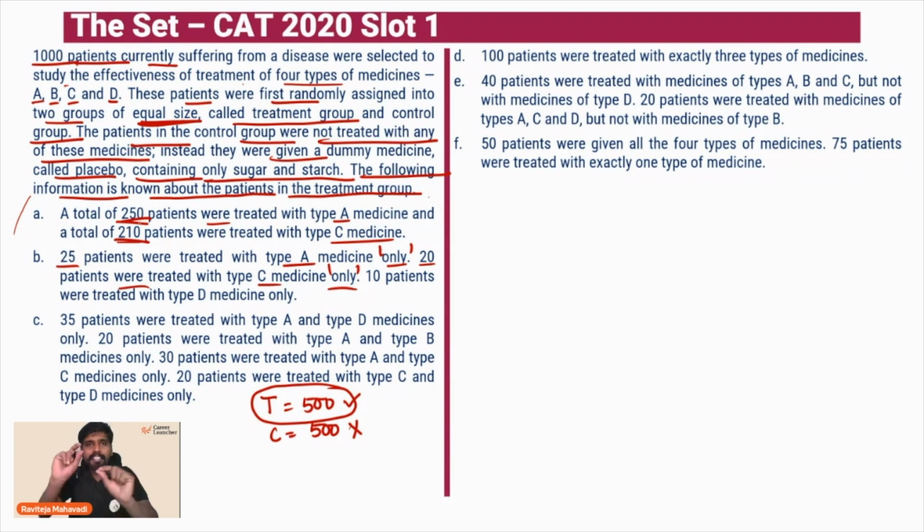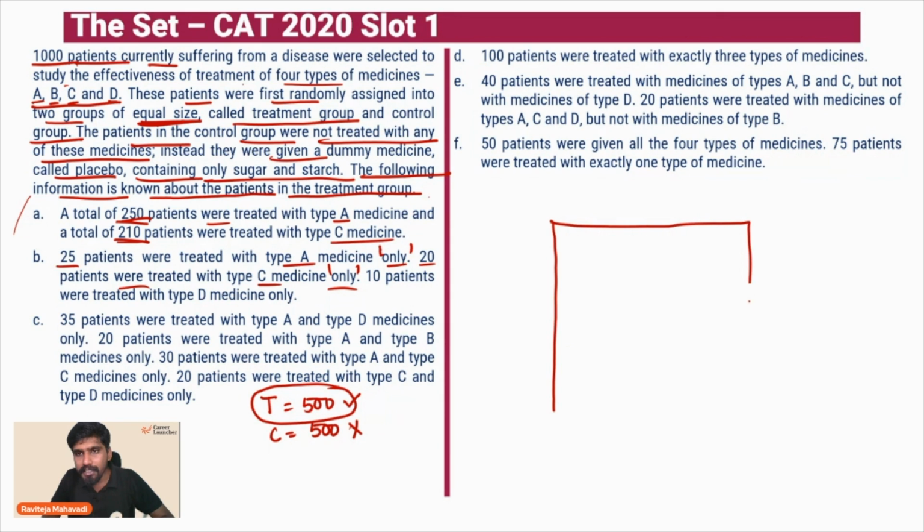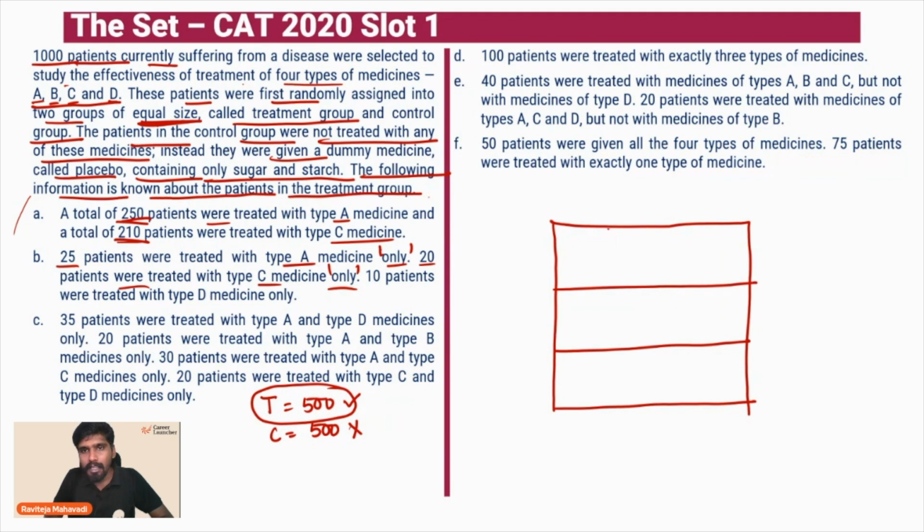That means there is some intersection happening. There is some only one, exactly 2 kind of areas that are there. And then you have to judge there are 4 different kinds of vaccinations. So it may very well be a 4-set Venn diagram question. So let us draw A, B, C, D ka Venn diagram and start putting values into it.